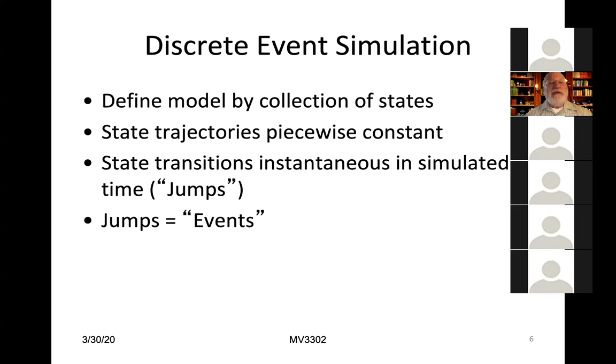We'll talk about that in a second. Given that the state transitions are instantaneous in simulated time, in other words, a state variable in a discrete event simulation jumps from one value to the next in 0 simulated time, those jumps are what we call events.